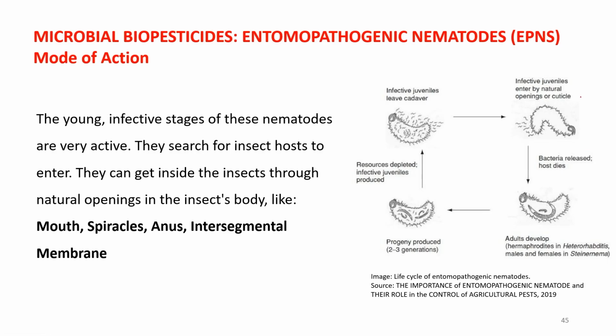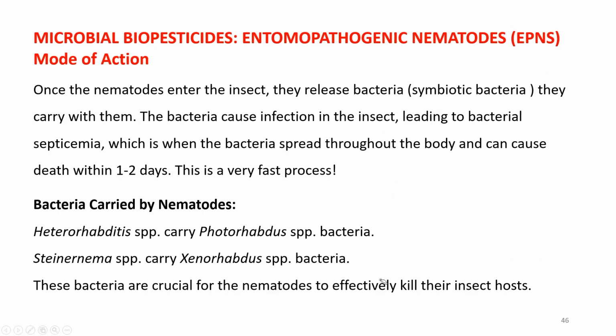So, the infective juveniles enter by natural openings or cuticles, the bacteria is released, and then the adults of the nematodes will develop, they will produce progeny for 2 to 3 generations, and then when the resources are depleted, they will be released from the cadaver.